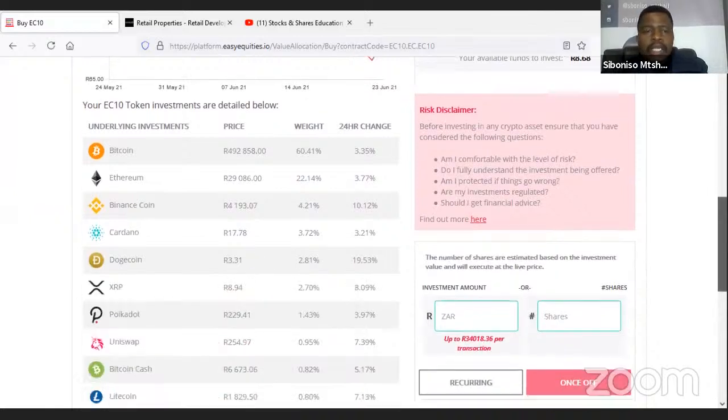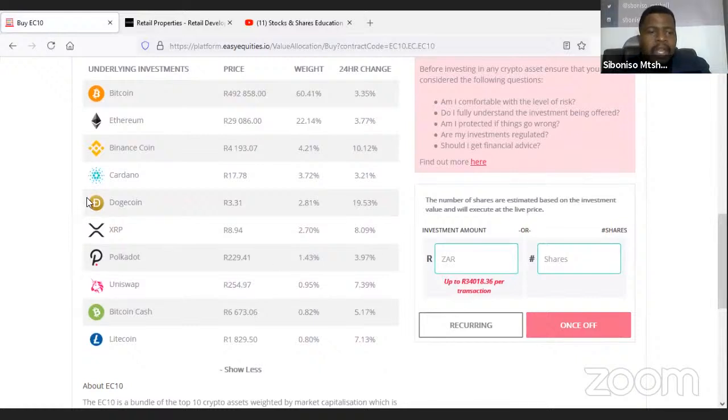You've got Bitcoin, Ethereum, Binance Coin, Cardano, Dogecoin, Ripple, Polkadot, Uniswap, Bitcoin Cash, and Litecoin. These are the 10 that make up the crypto index, just to balance what we call your portfolio.